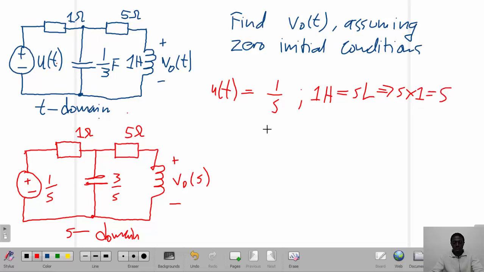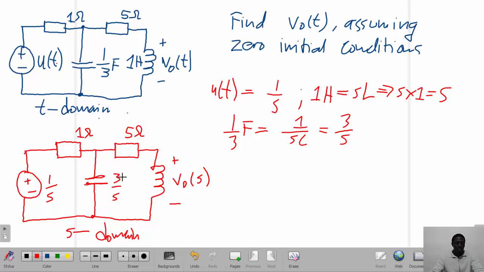And then later on we look at the capacitor, which is 1/3 farads, and this is supposed to give us 1/SC when you convert it, and this simply ends up being 3/S. And these are the values that we've replaced.